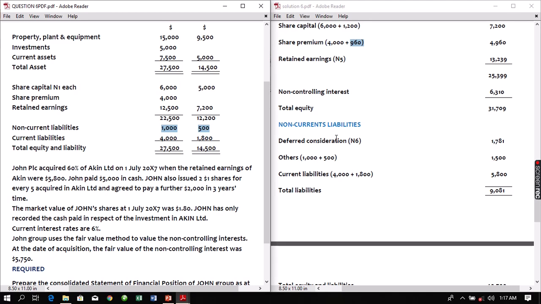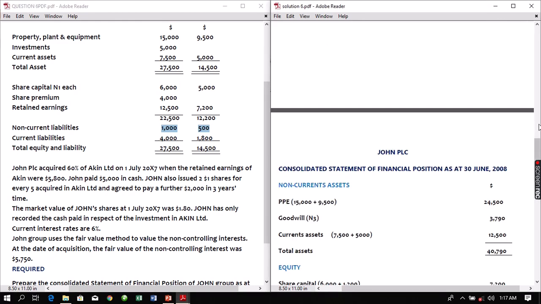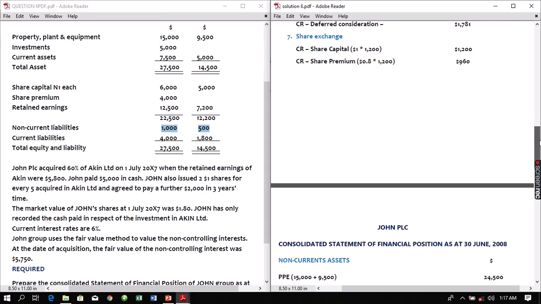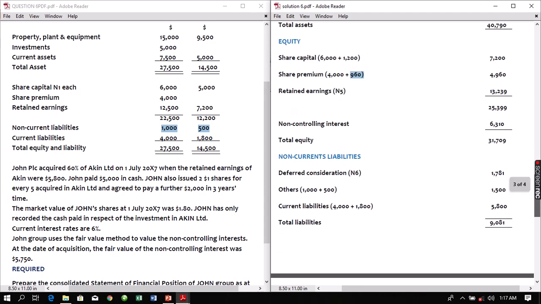I have to bring it into consolidation. So as calculated in my working 6, we calculated our deferred consideration to be 1,781, which can be confirmed here, which is my deferred consideration after I have unwound my finance cost. Brought down here, giving us 1,781, and other non-current liability is 15.